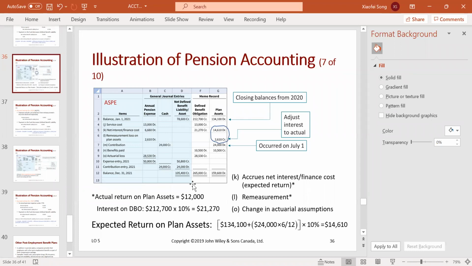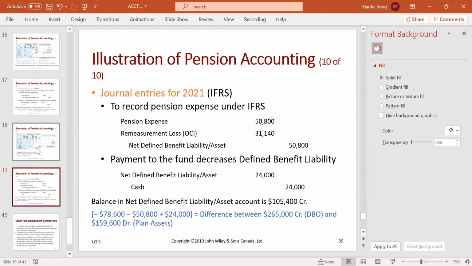Okay, so the deficit just keeps growing. And that should reflect the difference between the DBO and the plan assets. The way it's laid out, this will definitely be the case. So that's just to show the last one.